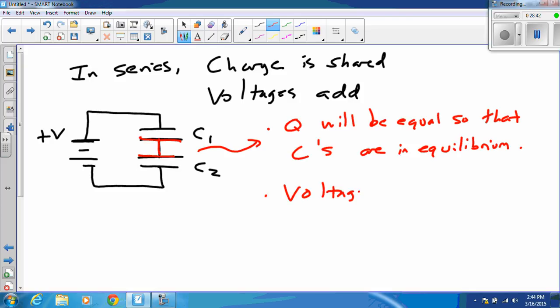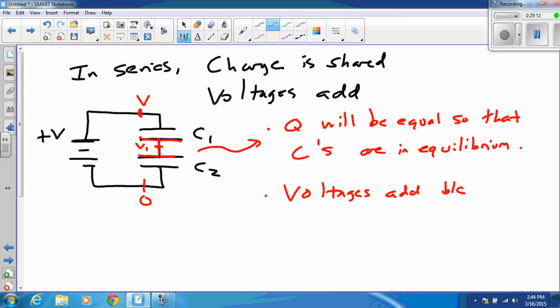Okay. What about the voltages? Well, the voltages will add. Why? The voltages add because since they are connected at the one end but not at the other, this spot right here has to be at V volts, and that spot right there has to be at 0 volts, which means that together these two have to drop from V all the way down to 0.